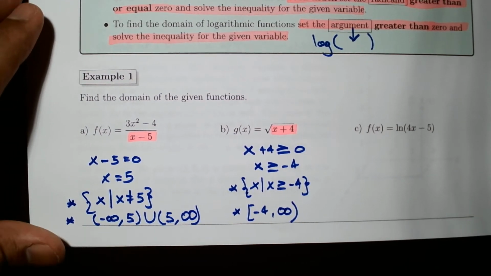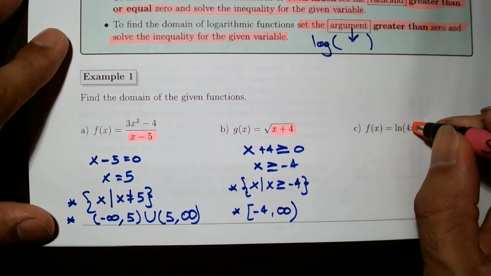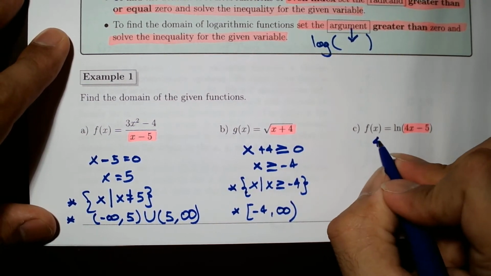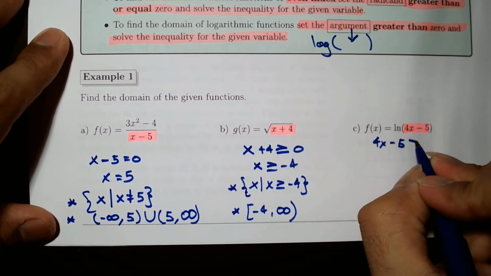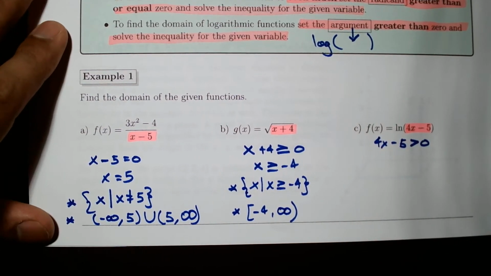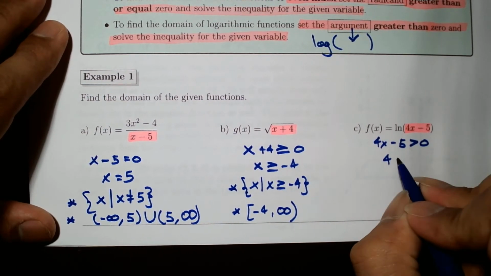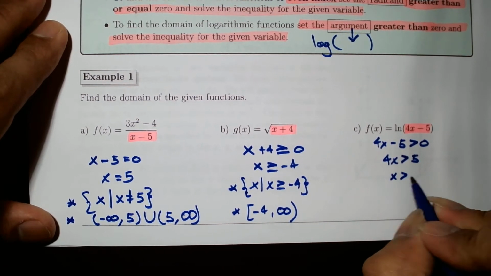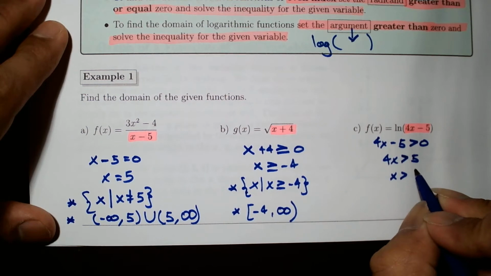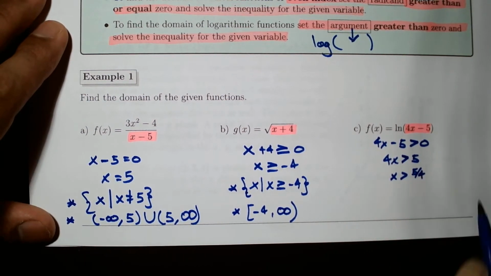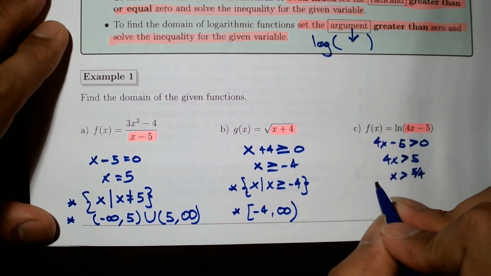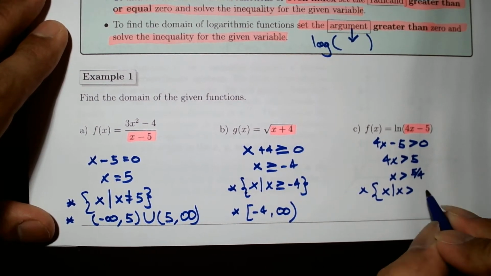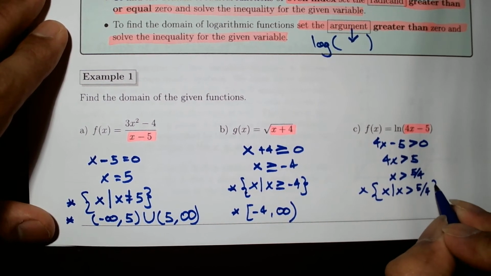For the logarithmic function we have here, we are going to set the argument, 4x minus 5, greater than 0. So let's add 5 to both sides, and x should be greater than 5/4. Using set builder notation, we say x such that x is greater than 5/4.